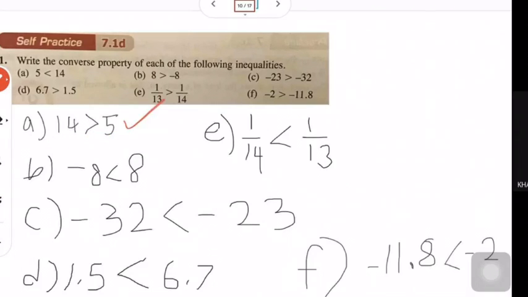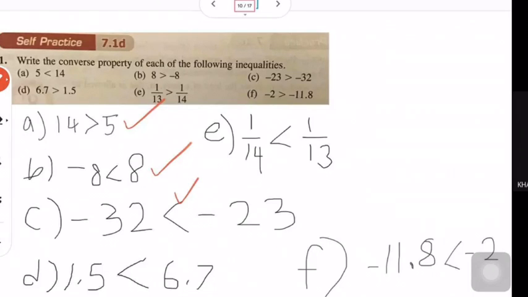Correct. B, 8 is greater than negative 8, so the converse is negative 8 is less than 8. Okay, correct. C, given negative 23 is greater than negative 32, so the converse is negative 32 is less than negative 23, correct?